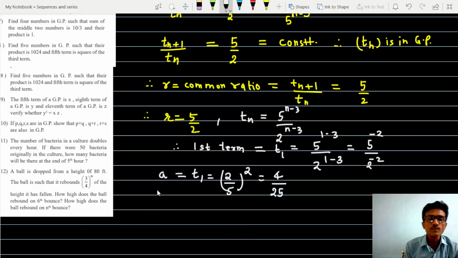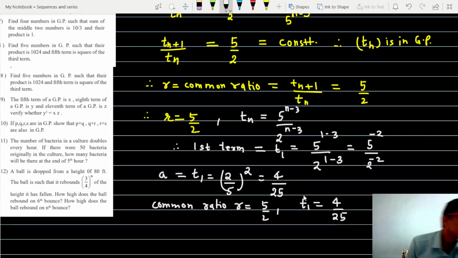So what is the first term? Common ratio is this. Common ratio R is equal to 5 by 2, and first term T1 is equal to 4/25. Okay, and common ratio is 5/2.